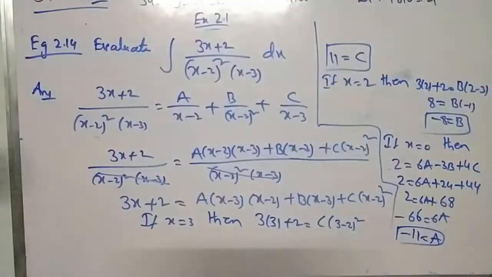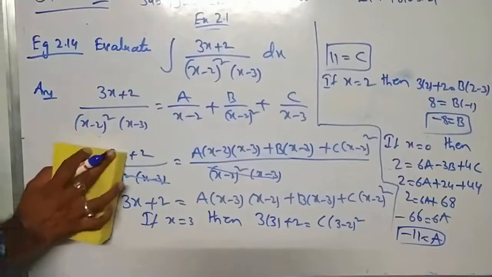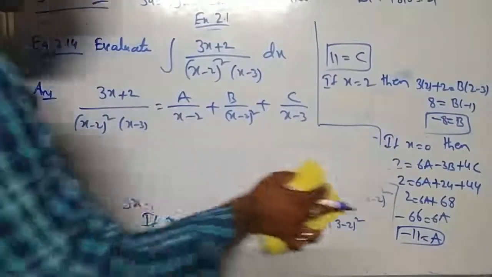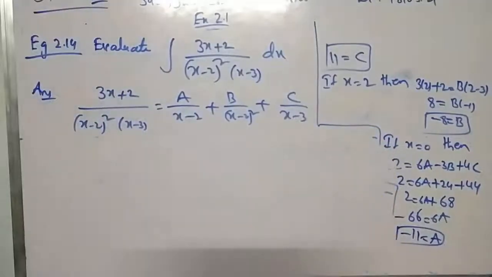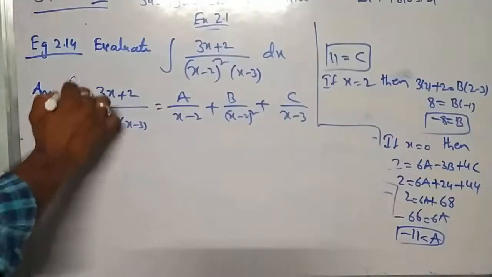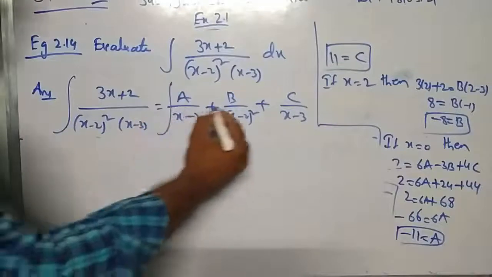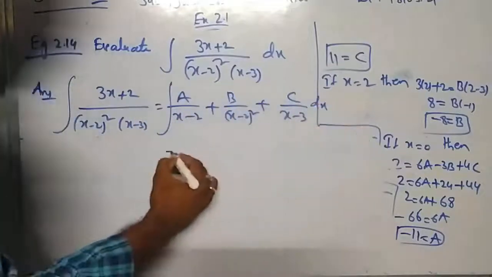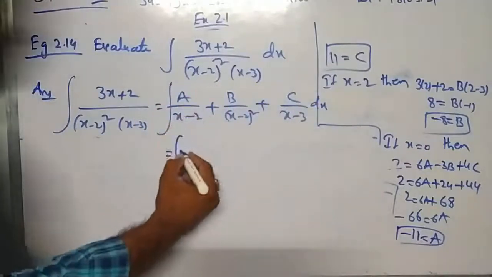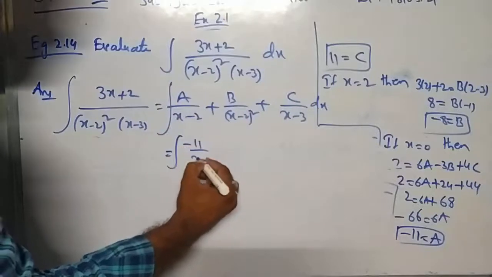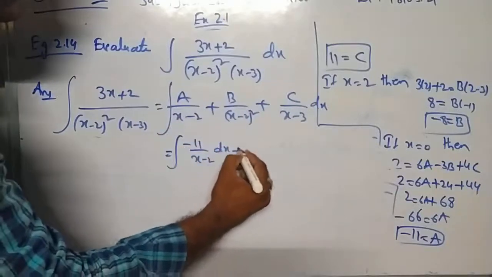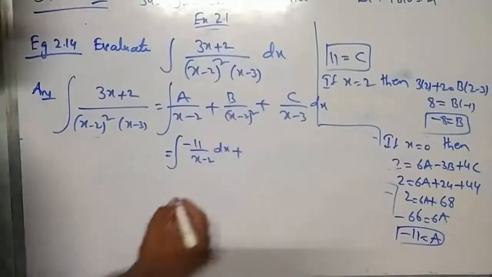So this is the way of doing the partial fractions. Now let us apply the a, b, c values in the given integral. Writing directly here dx, if I substitute a value, what is a value? Minus 11 by x minus 2 dx plus, what is b value?